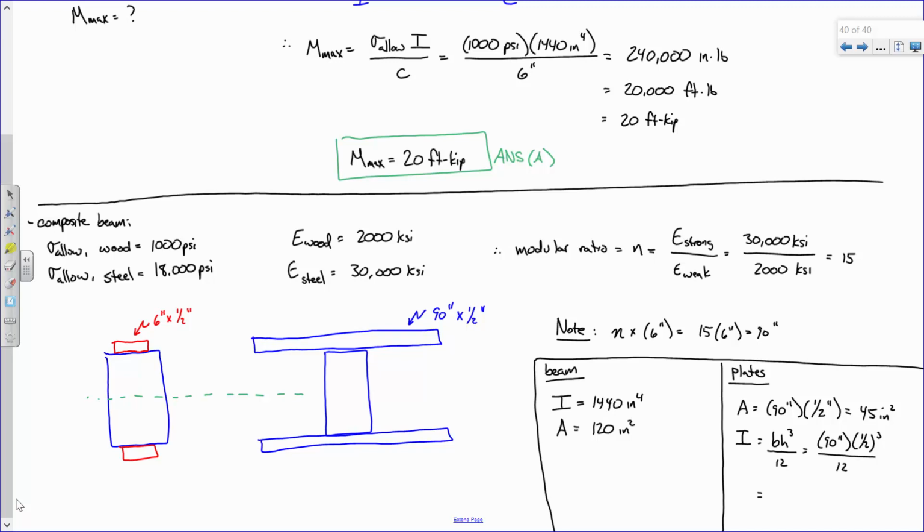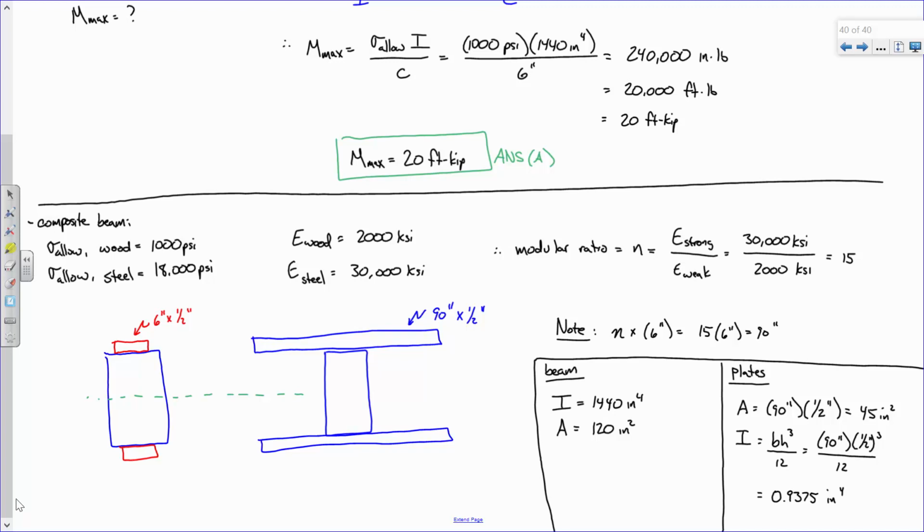And what does that come out to be? .9375. Do I have a second on that? Anybody else? Okay, good. And that's inches to the fourth, because we have inches and then inches cubed.